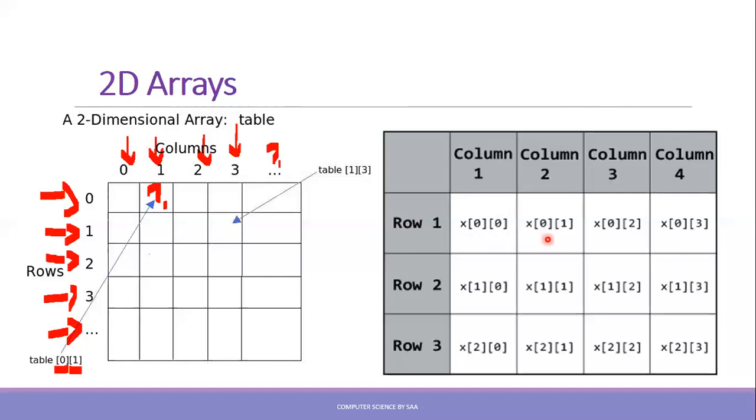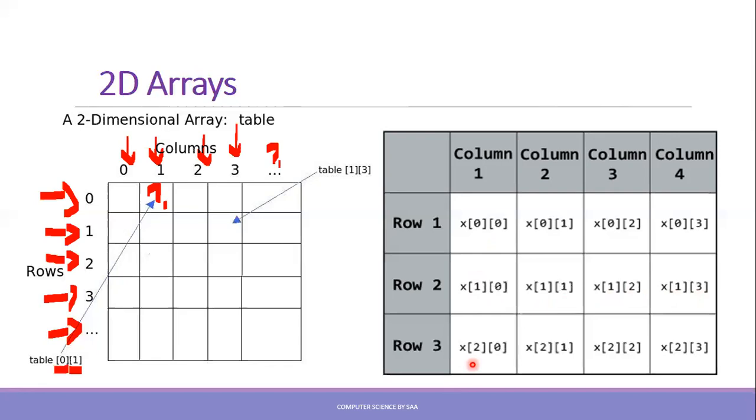So this is 0, 0, which means 0 row and 0 column. Then this is again 0 row and 1 column, 0 row and second column, 0 row and third column. So this is 0, 0, 0, 1, 0, 2, and 0, 3. Now this is the second row, so starting from 0, it will become 1, 0, 1, 1, 1, 2, and 1, 3.